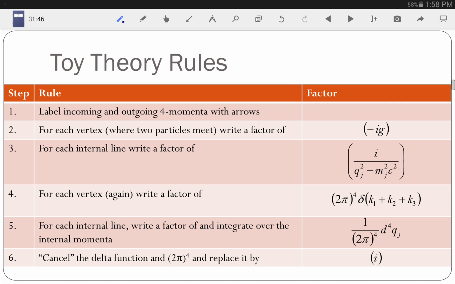Here we have the rules for toy theory. I've rewritten them in a different fashion so we can see the factors more clearly identified with their steps. And obviously I've gone through toy theory again to make sure I've got this straight. What we're going to do is go through the examples in the textbook and make sure that we understand how to do this toy theory and how to combine it into Fermi's Golden Rule.